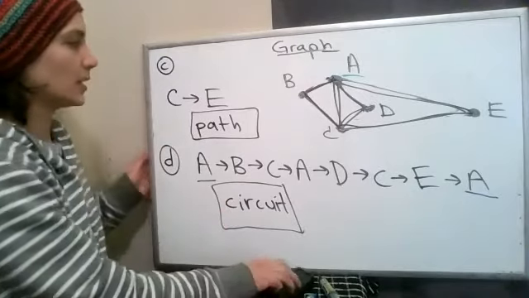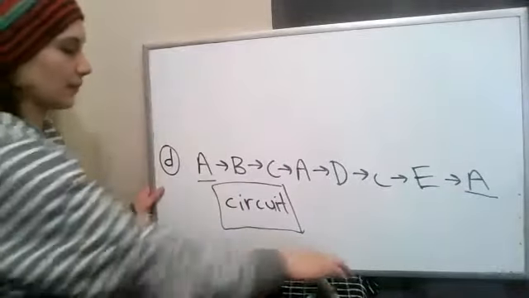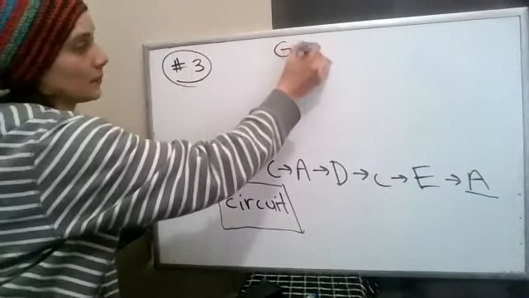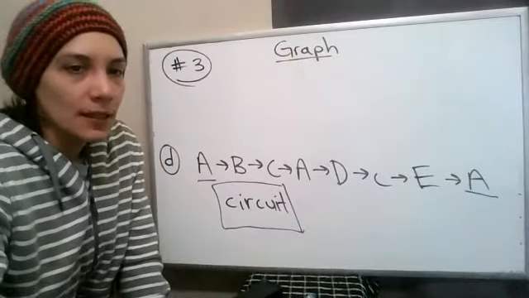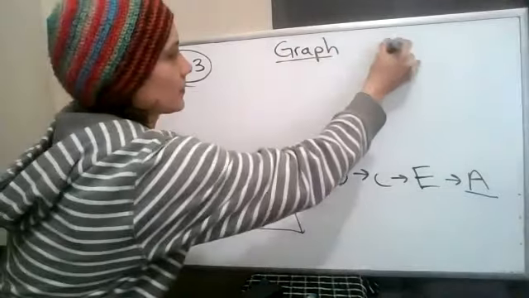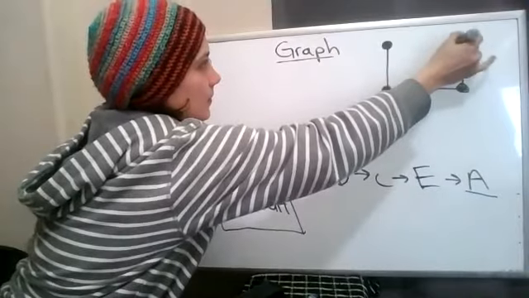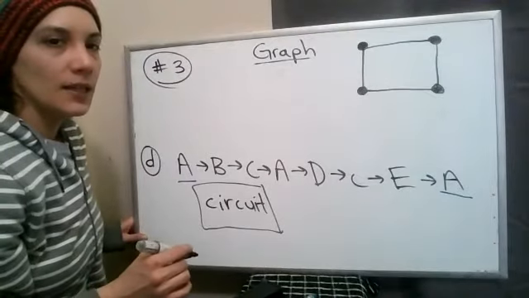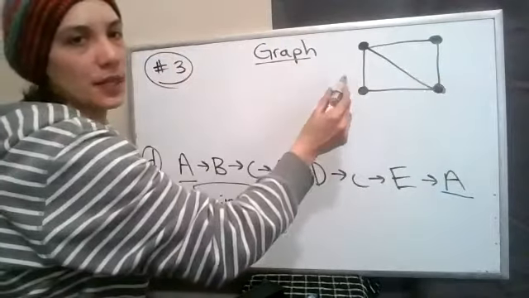So number 3, we're going to get the graph. Let's start with a square, and a vertex on every corner. We'll have a diagonal line through here. Let's get some labels.